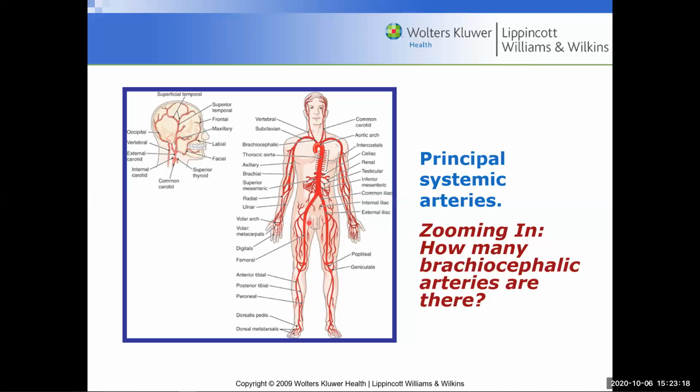On this side, the femoral, very importantly, so named because of the bone that lies behind it, the femur. Anterior tibial, the anterior and posterior, so named because one is in front, anterior, and posterior is behind. And down here, of course, you have the dorsalis pedis. So these are the ones you will have to know as it relates to the principal systemic arteries.